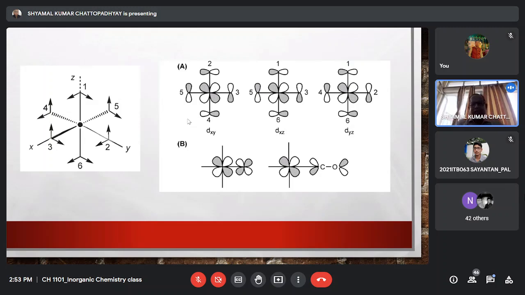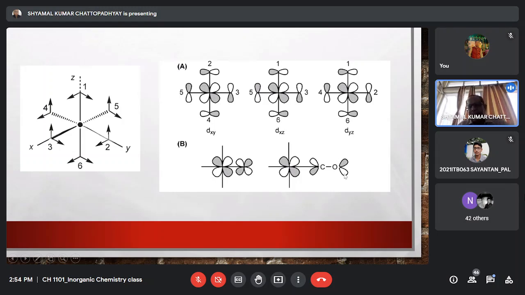The other two cases may be that the metal is sigma acidic because it is accepting sigma donation from the ligand, but it is pi basic, meaning it has got excess pi electron, and this excess pi electron is given back to the ligand in the form of a d-pi bonding or a d-pi star bonding.